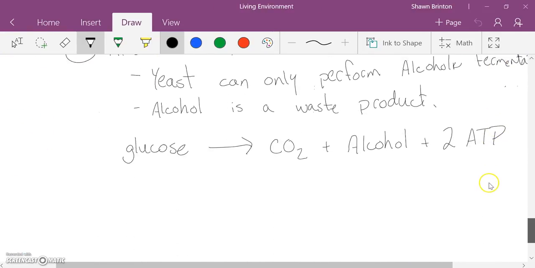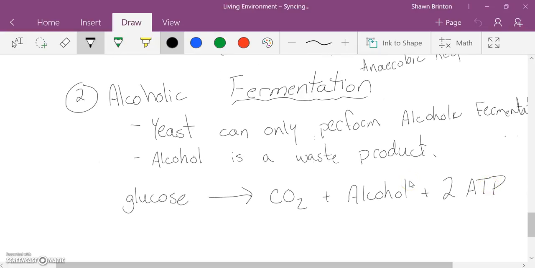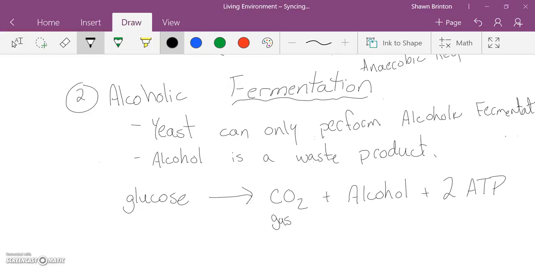So basically glucose or sugar gets broken down into carbon dioxide. Carbon dioxide is a waste product, so you're going to get bubbles produced in your lab. This is our gas. And alcohol is our byproduct here, and of course it gets the 2 ATP out of it.